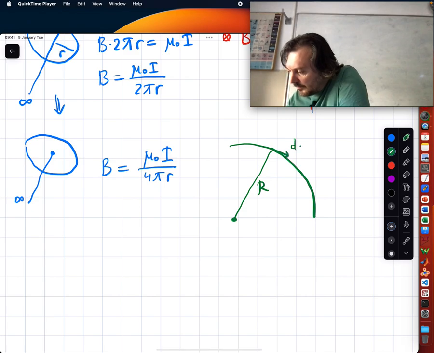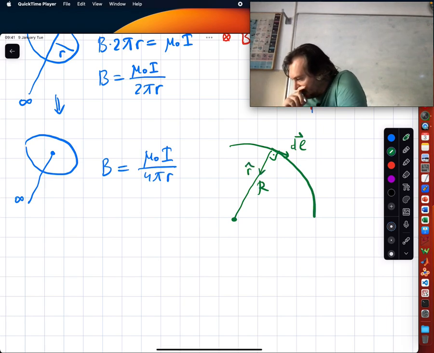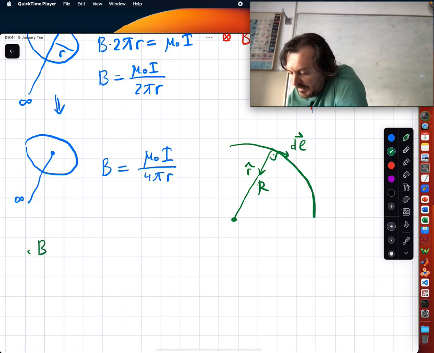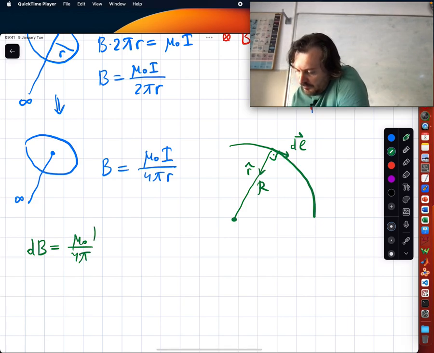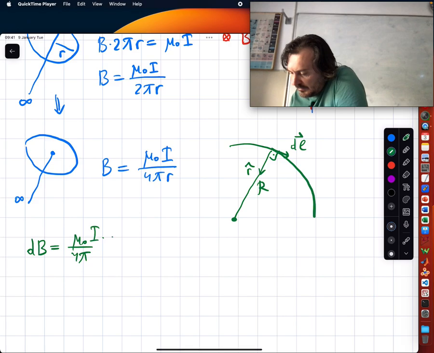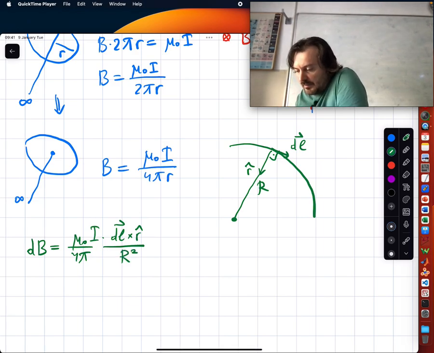So dl is always perpendicular to this r unit vector. So we will have dB equals mu 0 over 4 pi, I dl cross r unit vector, divided by r squared, which is big R squared, right?